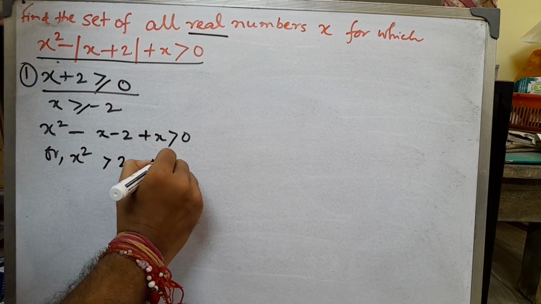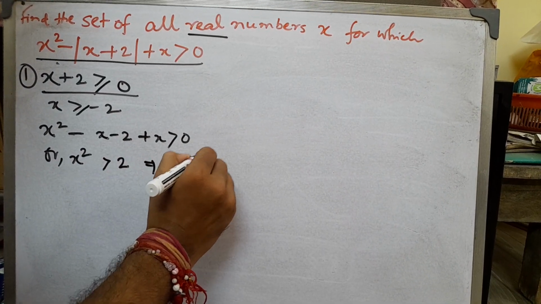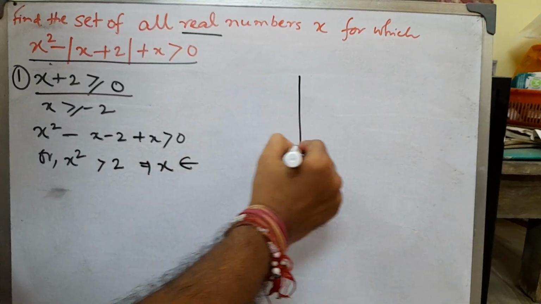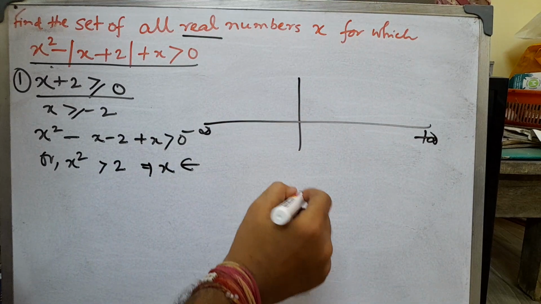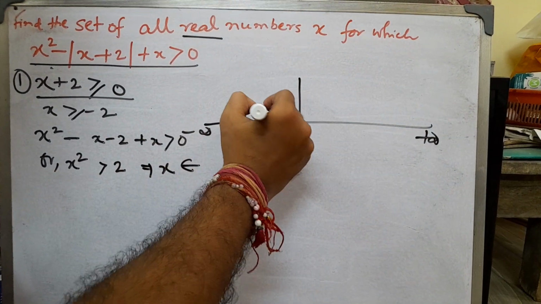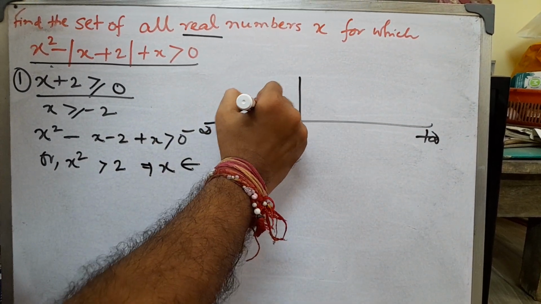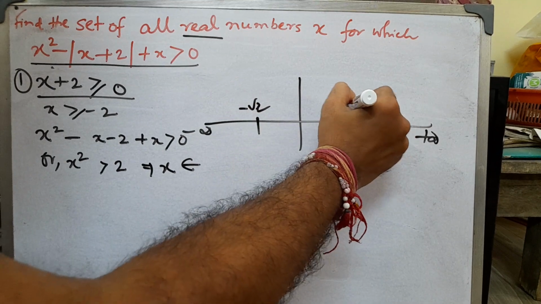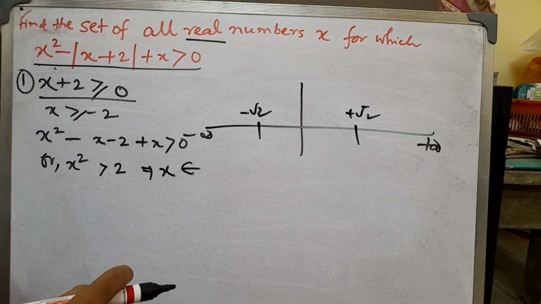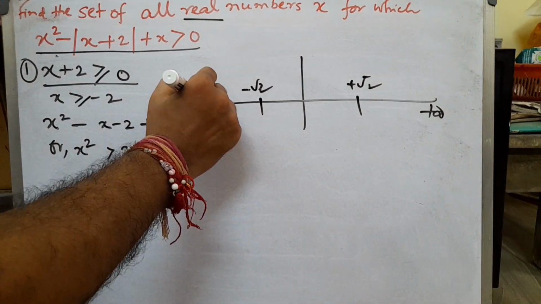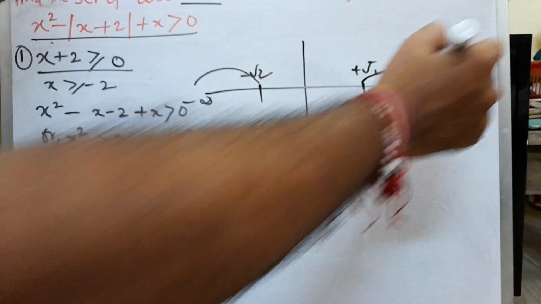This implies x belongs to minus infinity to minus root 2 and plus root 2 to infinity. Okay, so the inequality is minus infinity to minus root 2 and root 2 to infinity.